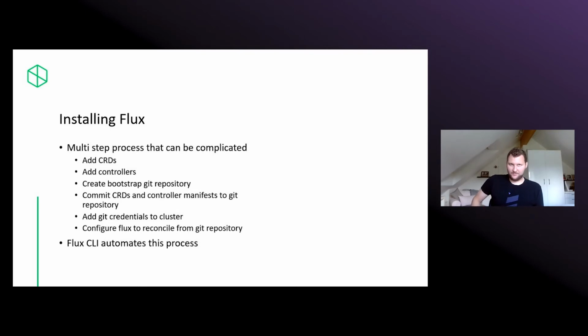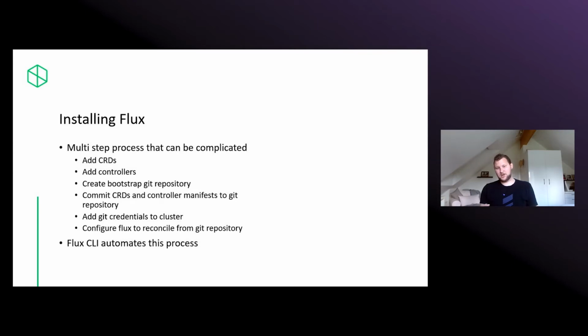So to bootstrap Flux, you actually need a Git repository that contains the manifests for the controllers that are deploying itself. So it's kind of a circular bootstrap where you need to have their sources in both your cluster and your Git repository for things to work.